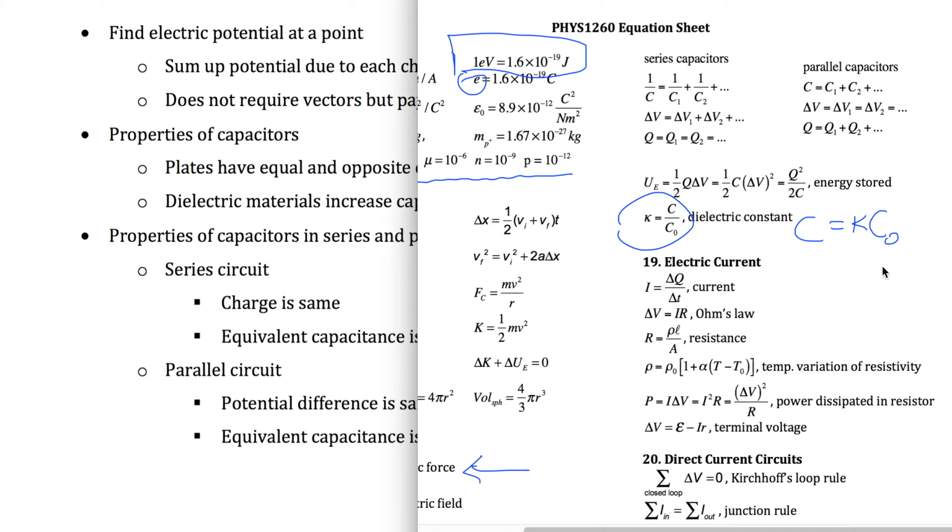C0 is the original capacitance, and kappa is the dielectric constant, the property of that material that you're putting in between the plates. It's going to be a number greater than 1. Then you multiply it by the original capacitance, and it gives you the new capacitance, which will be a bigger number.